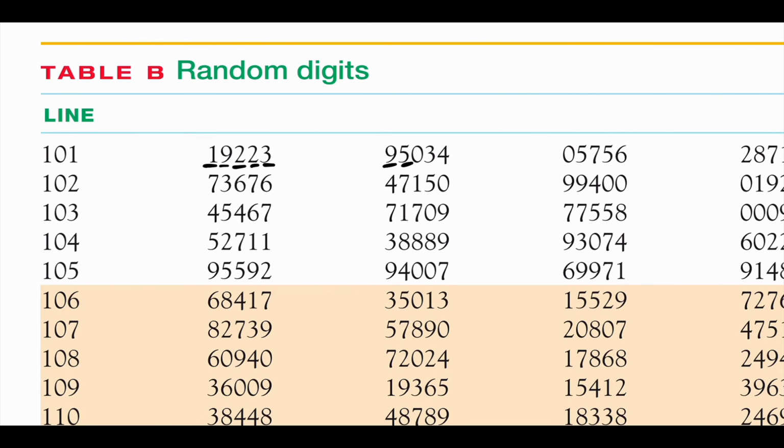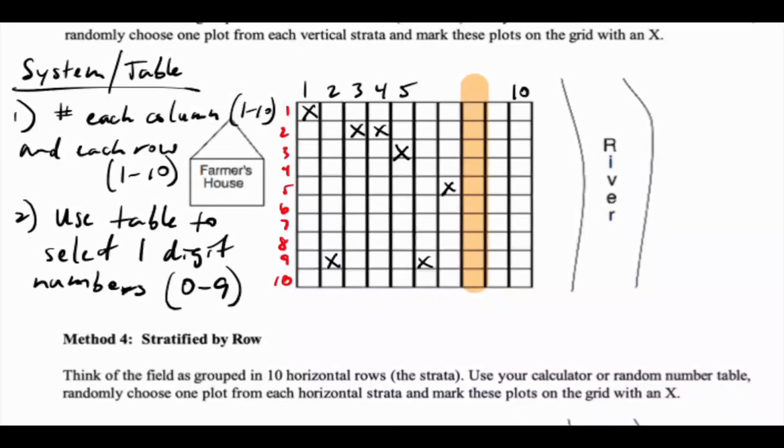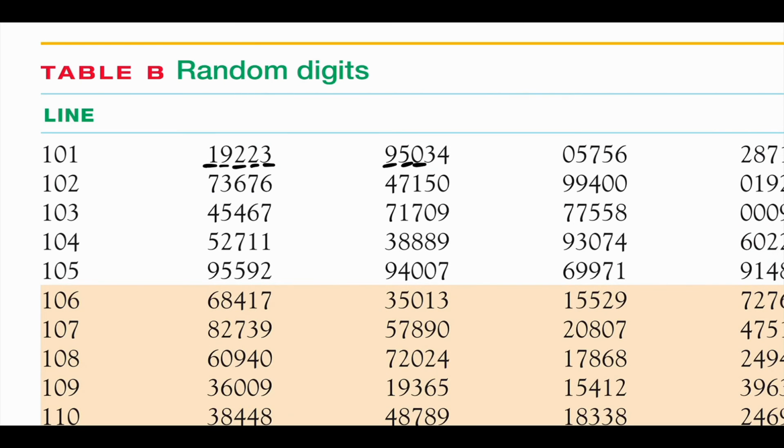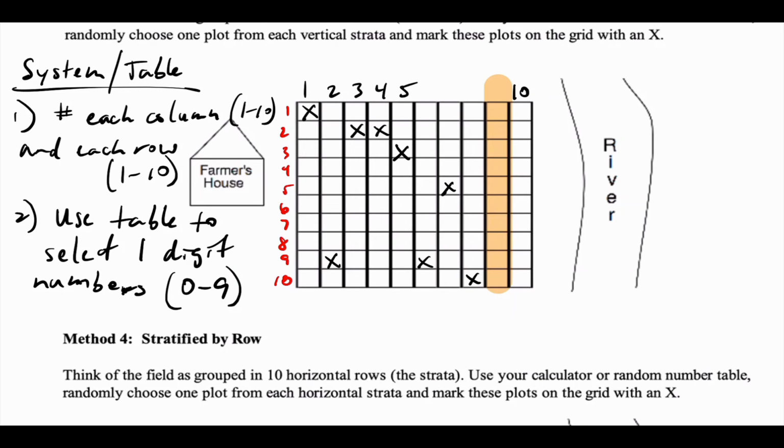The next number is going to be 0, so that means 10. The next number is 3, and then the last number is 4. So I should have 10 X's, and I do.